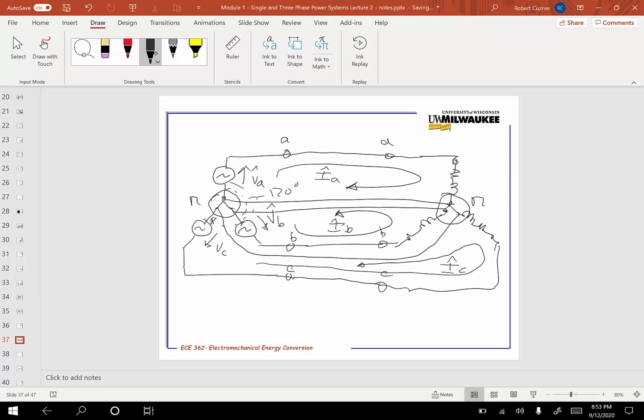And if we did that, this line here looks a bit weird. We could just make it connected up here instead. And now we've got this neutral line.